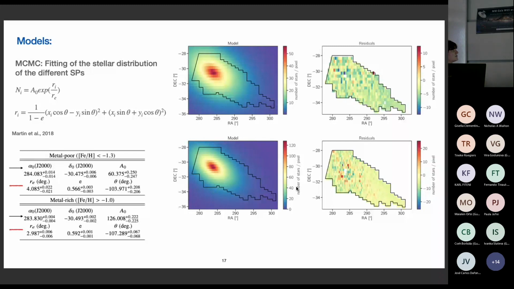This difference is in line with our previous findings, meaning that the metal-poor population presents a greater value of the scale radius, which is telling us that the stars part of the metal-poor population are more smoothly distributed and homogeneously spread along the footprint, while the smaller value of the scale radius for the metal-rich population is telling us that this category of stars is more centrally concentrated or segregated at the center of the galaxy.